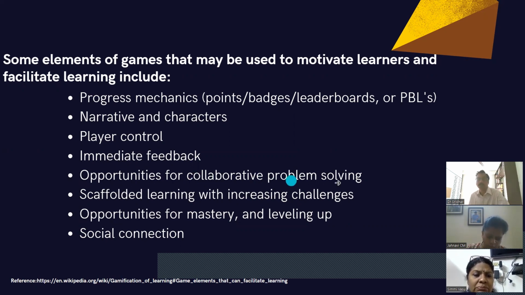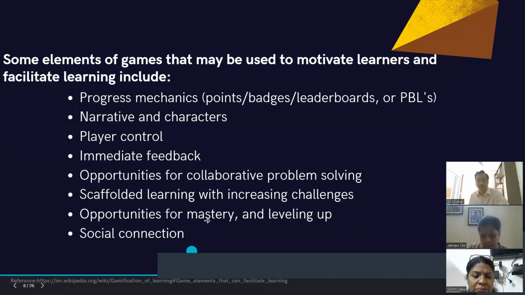Then there could be collaborative problem solving, multiple students working together on a problem. Scaffolded learning with increasing challenges. So you only give one part of the learning, then you slowly increase the levels of challenge. Then you can give them opportunity for mastery. If you have completed the whole thing, then you go to the next level, right? And then there could be a social connection where you build up again a community around that game.